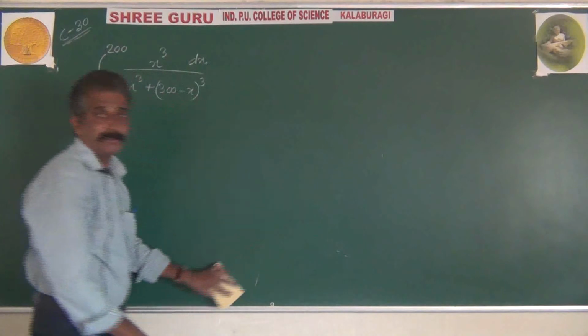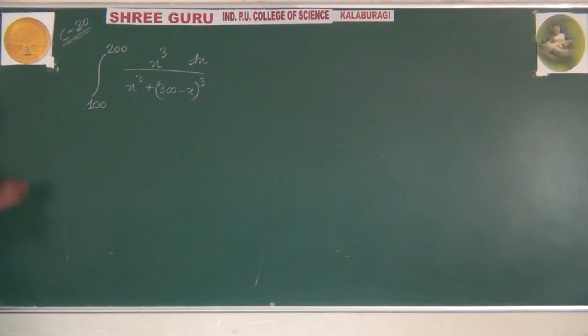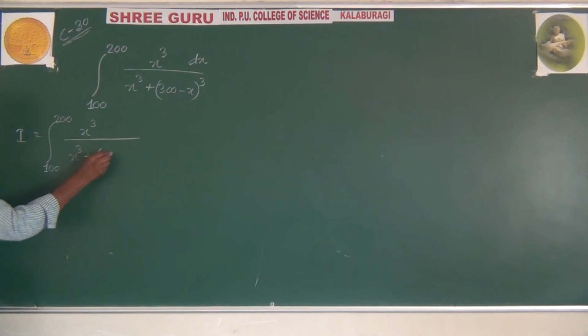So start from I notation. Let I equal to integration 100 to 200 x cube divided by x cube plus 300 minus x whole cube.